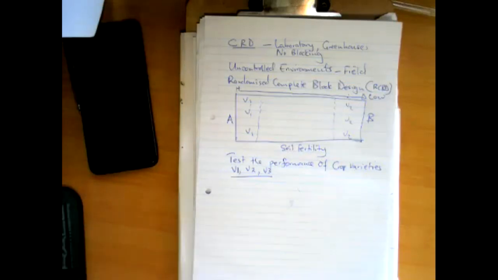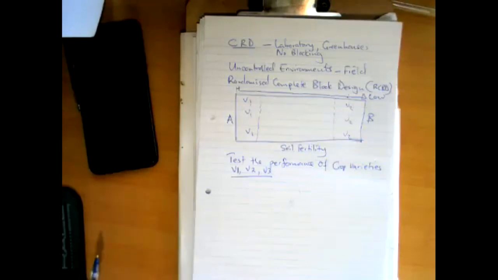Already you can see that when we are comparing, the results will not give us a true reflection of the performance of varieties. We will not be able to correctly compare the performance of variety 1 and variety 2. Why? Because variety 1 is grown under high fertile land.